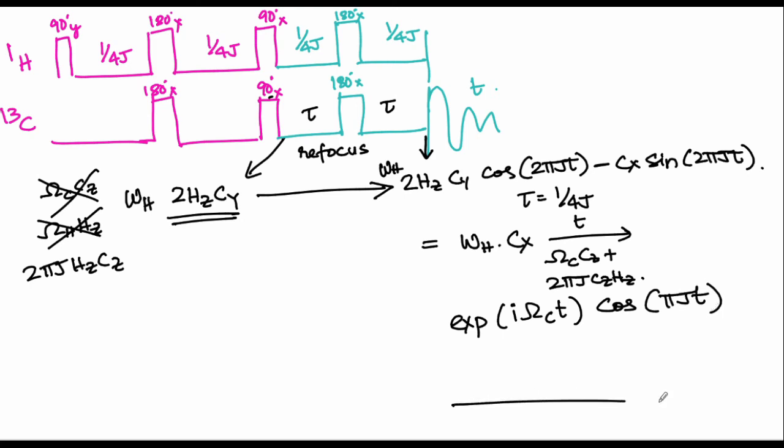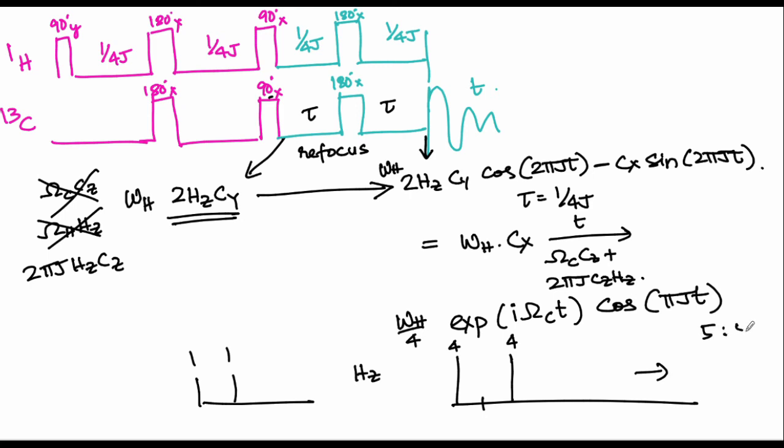And therefore, now this will give a signal which will be in phase for both. So remember, this is weighted with omega H, and therefore you're going to have both as plus. So from the proton channel you're going to get 4 and 4. From the carbon channel you're going to get 1 and 1. When you sum these together, you're going to get 5:5, which is a significant sensitivity boost from where you started.